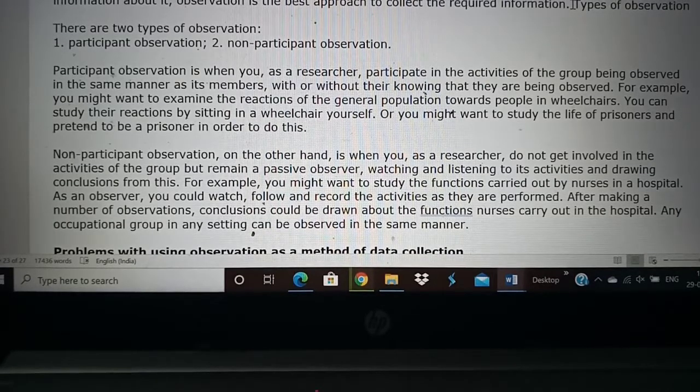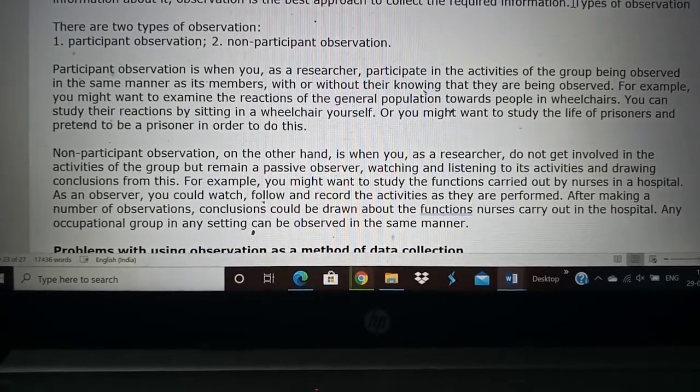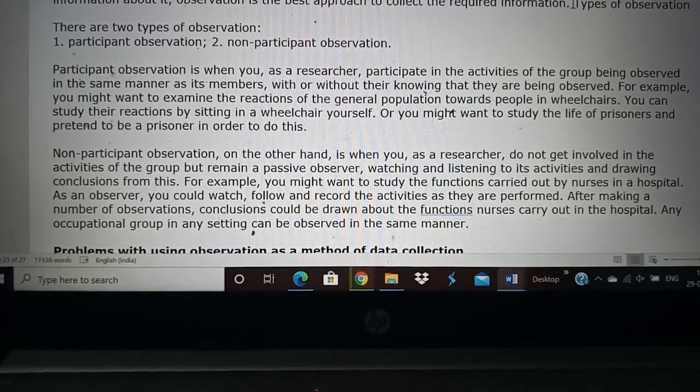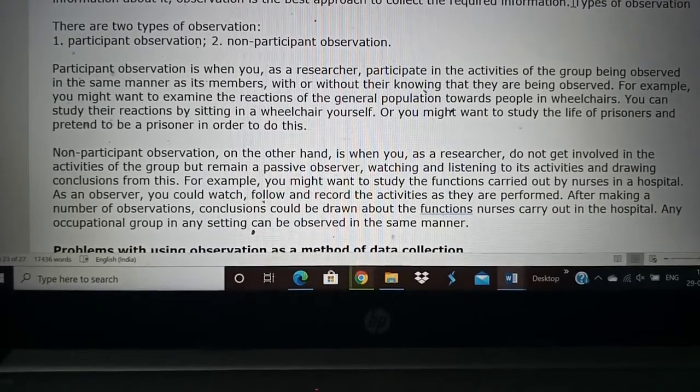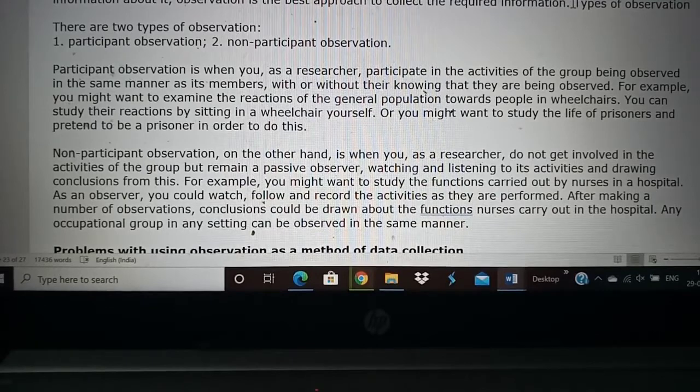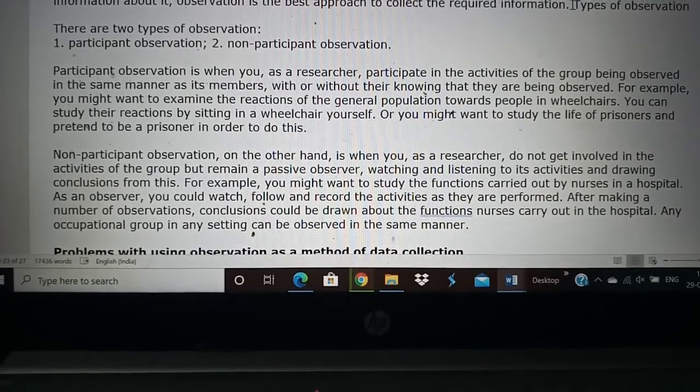Okay, for example, if you have seen in the movies, you can see that there are invisible screens where on the other side the police and the criminal are having an interrogation where other people can watch from the outside. So that kind of observation is non-participant observation, where you as a researcher can observe what is happening, but the other people do not know that you are observing them.